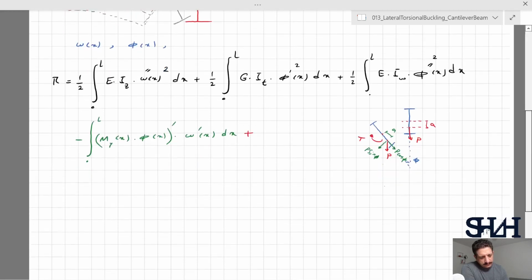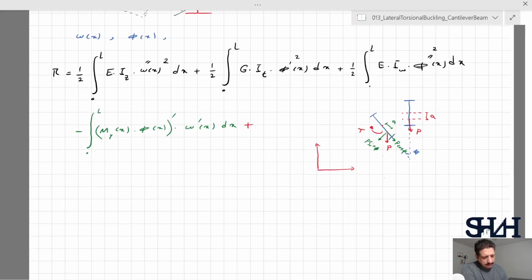For the calculation of the energy, if we have the torsion and the angle of phi, then the energy is the area, which is 1 over 2 T times phi. But this phi is subjected to the place that we have that force.